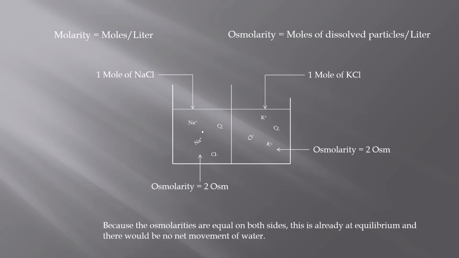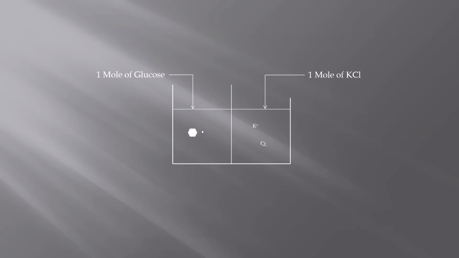Let's look at another situation that's, again, biologically relevant. Instead of using just ionic compounds like sodium chloride and potassium chloride, what happens when you dissolve a mole of something like glucose into it? So glucose is a covalent molecule, not an ionic molecule, but it still readily dissolves in water.